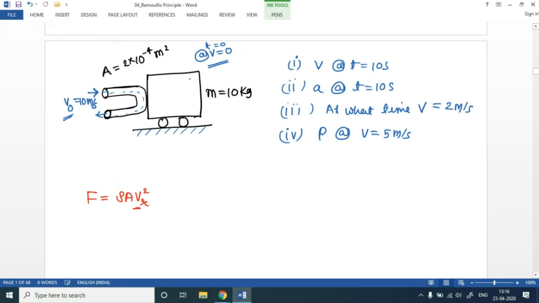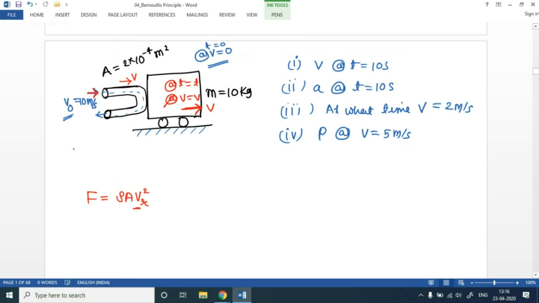So let's say this is the cart over here at any instant, at t equal to t, and this cart is moving with velocity v in this direction. If this cart is moving with velocity v, this pipe will also move with velocity v, and water is entering with v naught speed into it.